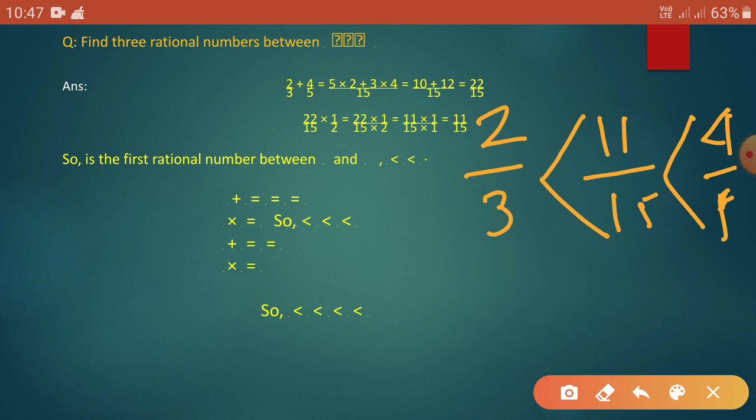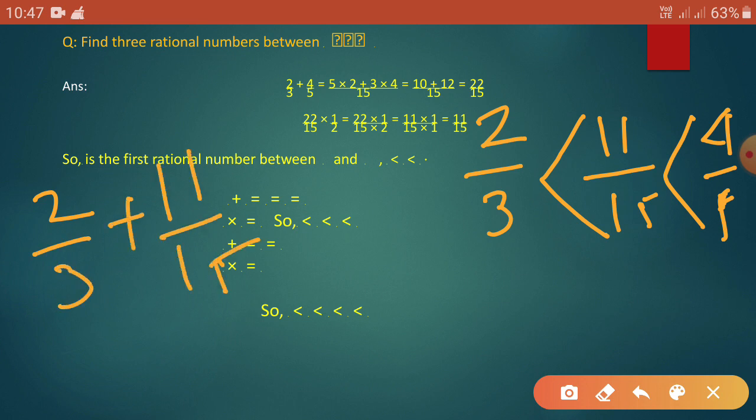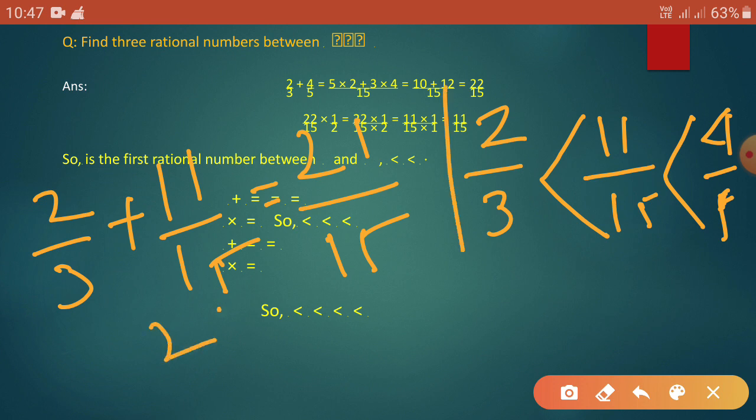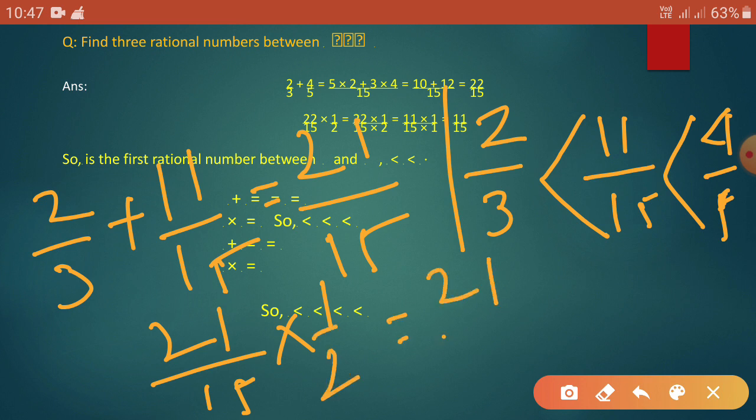How? We add those rational numbers 2 by 3 and 11 by 15. It gives the result 21 by 15. Again we multiply 21 by 15 into 1 by 2, which gives 21 by 30. So 21 by 30 is the rational number between 2 by 3 and 11 by 15.